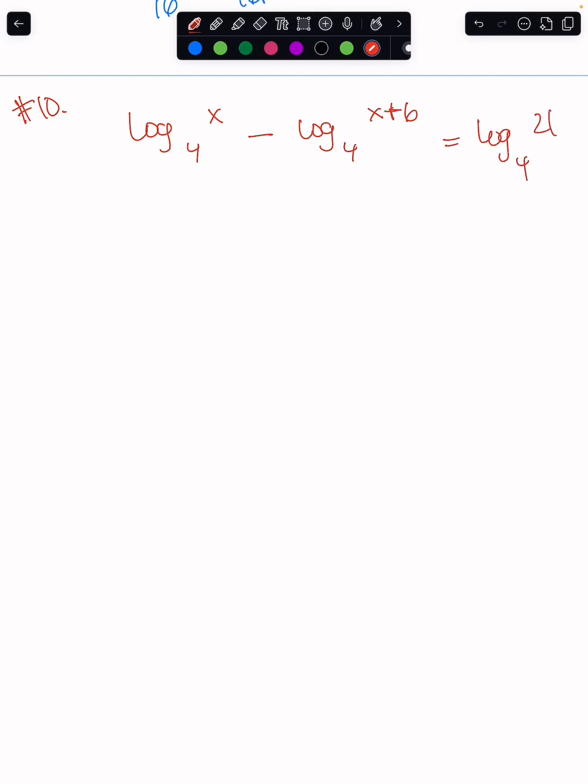Ooh, that's no good. That's a lot of stuff going on. But when there's a minus sign, what does that mean happened? It means division happened. So that means this had to have started out like this. Log base 4 of 21.